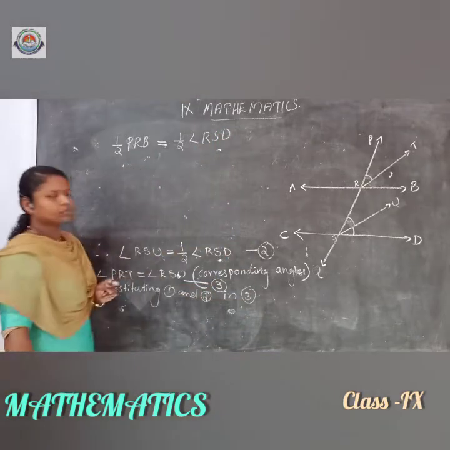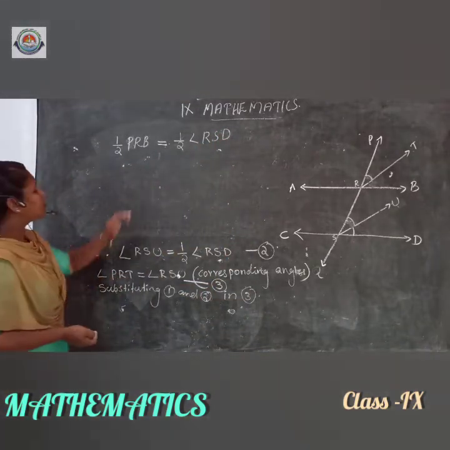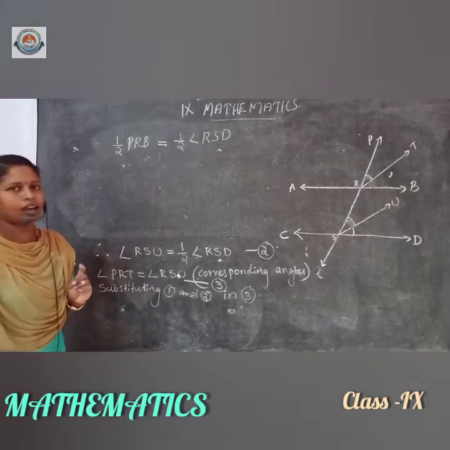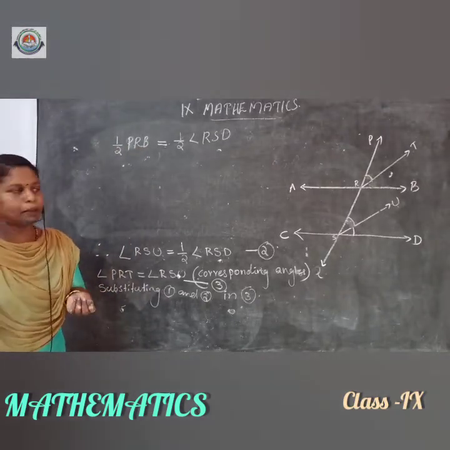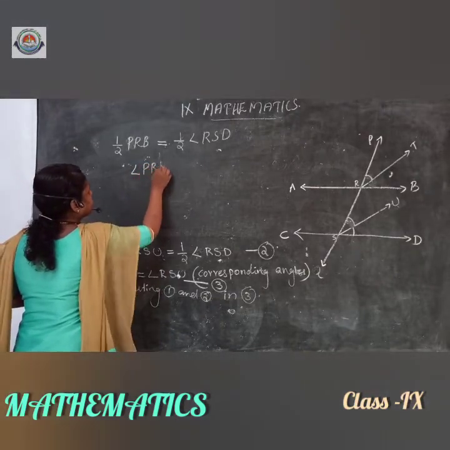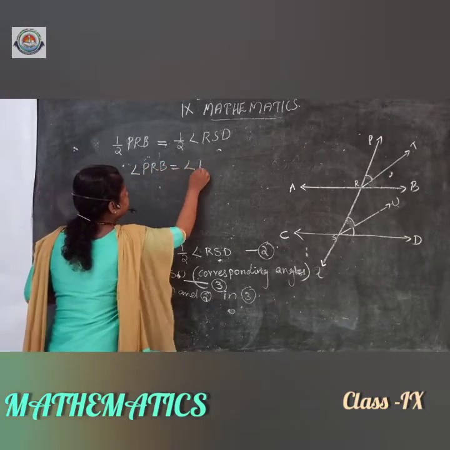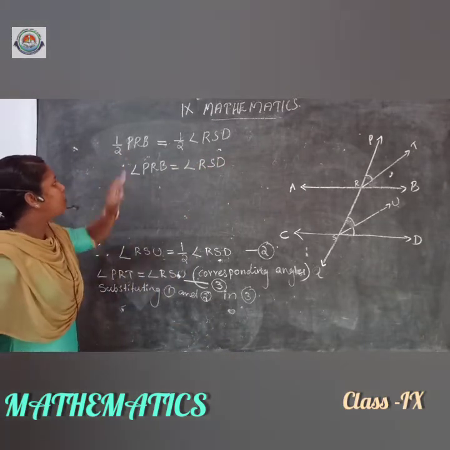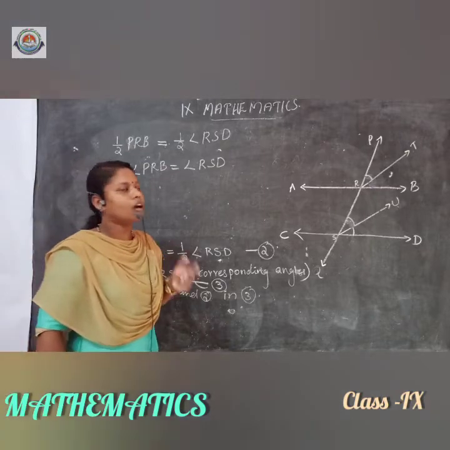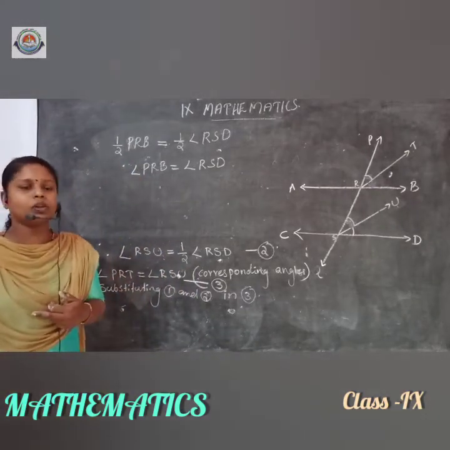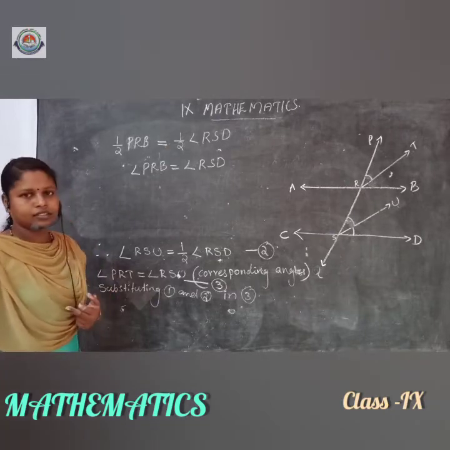If half of PRB is equal to half of RSD, what can we say? Angle PRB is equal to angle RSD. Half of angle PRB is equal to half of angle RSD. Therefore, PRB equals angle RSD.